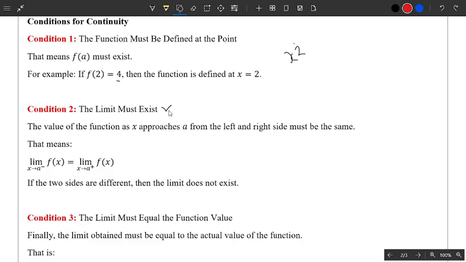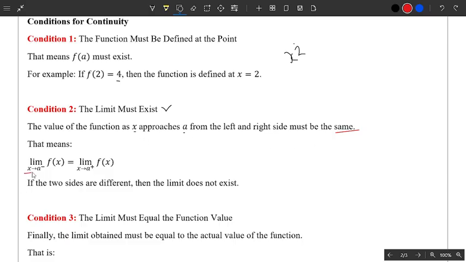If they are the same, we say that the limit does exist. So the value of the function as x approaches a from the left and right side must be the same.